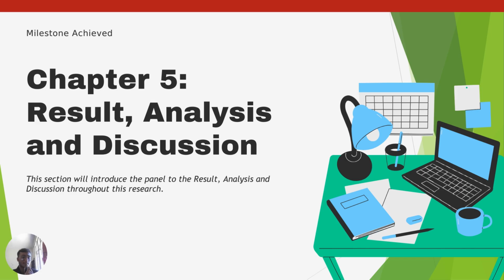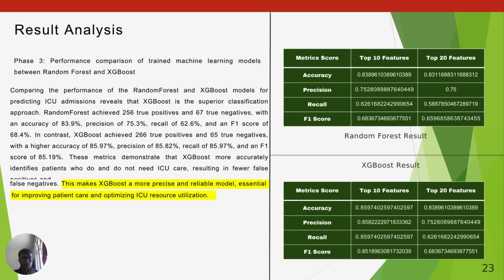So let's discuss the result based on the metric scores from XGBoost and random forest. On this result analysis, we find that compared to the random forest and XGBoost models, for predicting ICU admission, XGBoost is the superior classification approach.